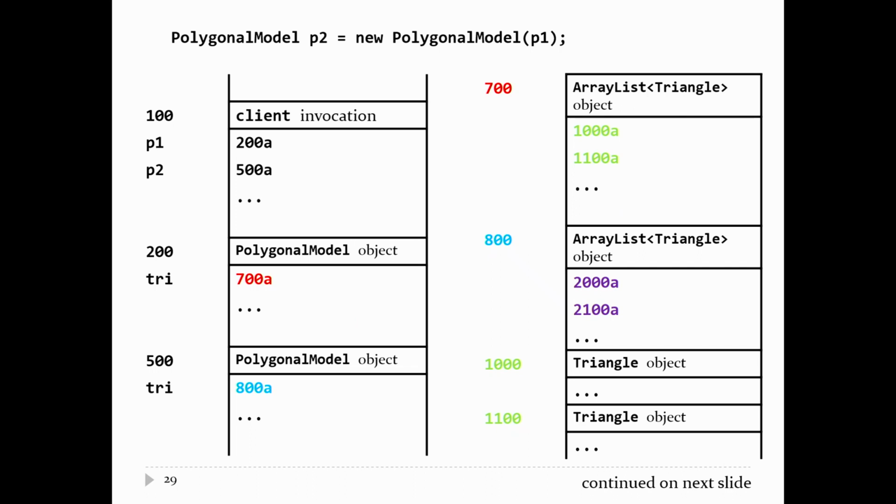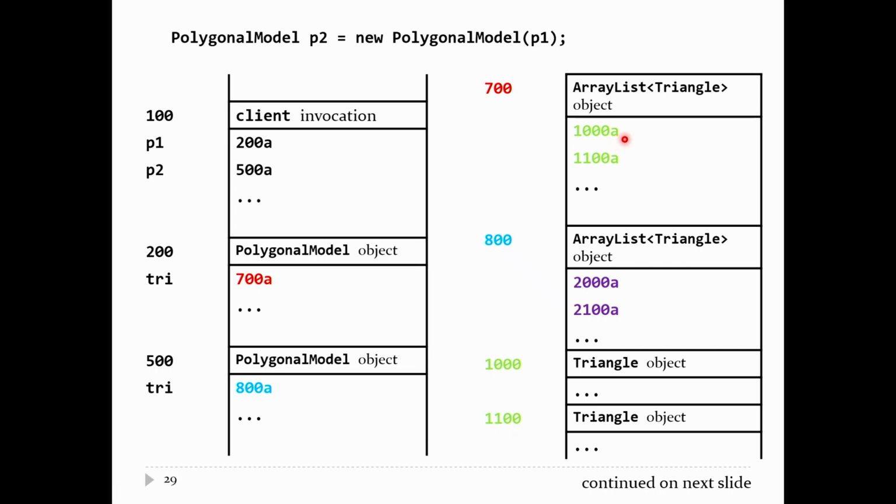Okay, so the picture now looks like this. With the copy constructor, there are two polygonal model objects. Each polygonal model has its own list. So there's the first object's list, and there's the second model's list. Now the elements in both lists are also distinct.